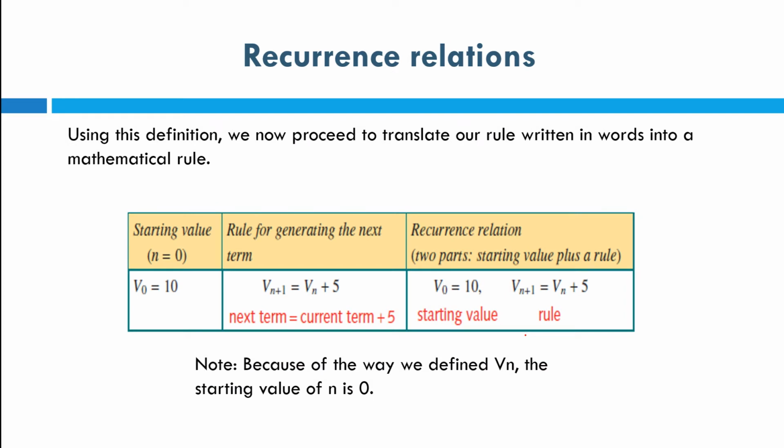Using this definition, we can now translate our rule written in words into a mathematical rule. Our starting value, the number of iterations for our starting value, is 0. So our initial value is V0, and V0 is equal to 10. The rule for generating the next term would be V of n plus 1 equals Vn plus 5.